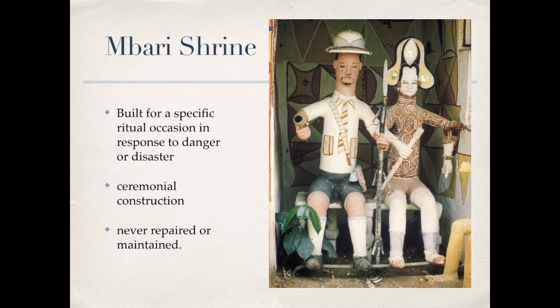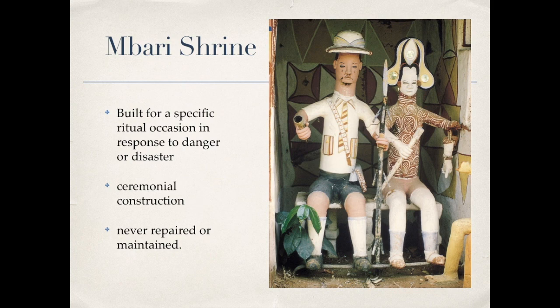And so the thunder god here is wearing Western clothes with his pith helmet and his suit and tie and his shorts, whereas his wife is dressed in traditional Mbari fashion. So there's this really interesting combination here, this idea of modernity and a progressive, forward embrace of Western tastes and ideas, and then at the same time sort of rooted in traditional values and traditional designs.